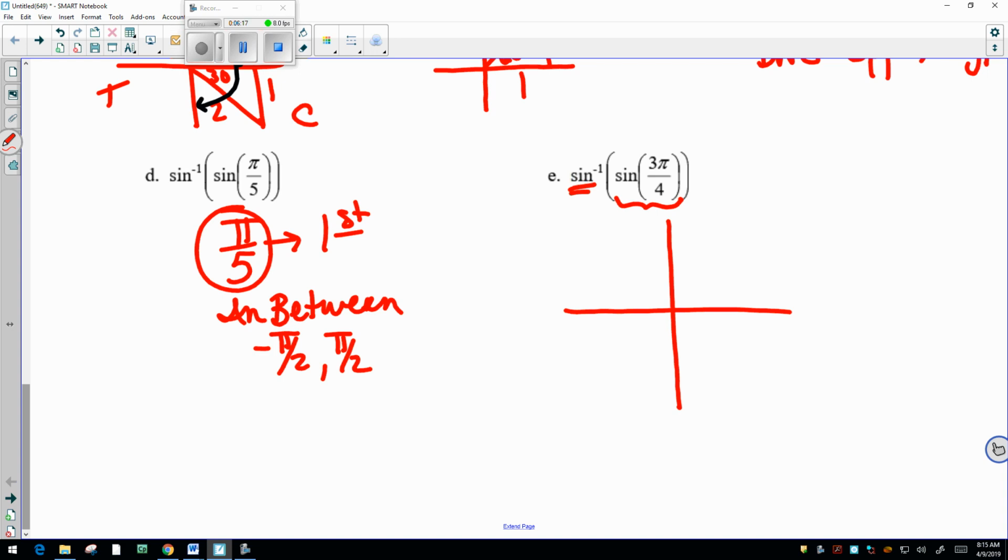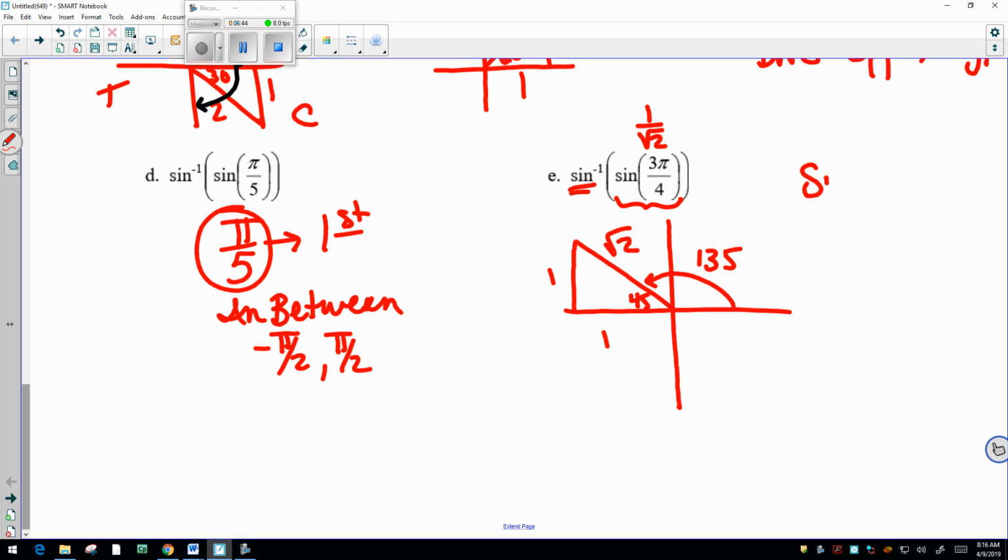So first thing I have to do is think 3 pi over 4 is a 45-degree reference angle. It's 135, right? So if it's a 45-degree reference angle, here's my triangle. So now this is plain old sine saying I need the sine of 135 degrees, sine being opposite over hypotenuse. That would tell me that that's 1 over the square root of 2.